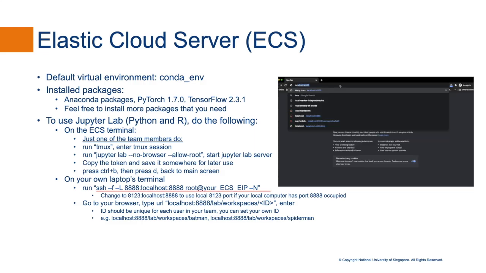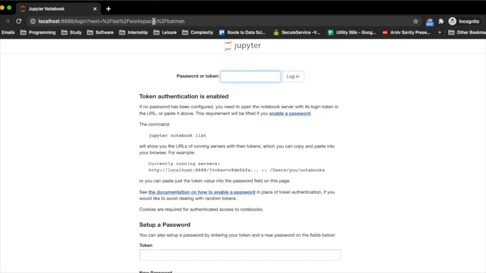After that, go to your browser, type the URL localhost:8888/lab/workspaces/ID and hit enter. Please put different ID for different team member in your team, for example, Batman, Spider-Man, etc. If you are asked to input the token, paste the token that you have just copied and enter.